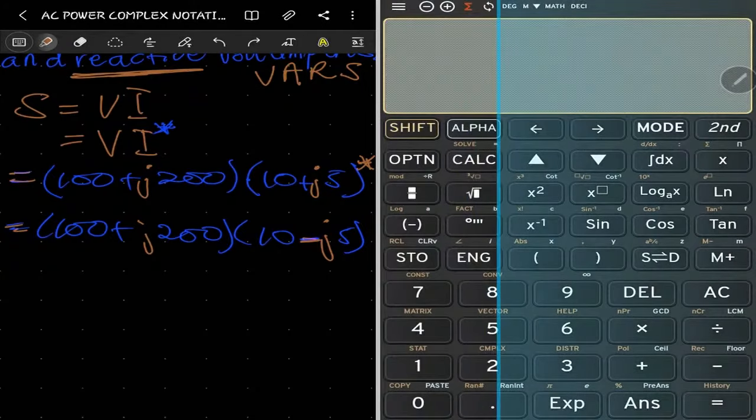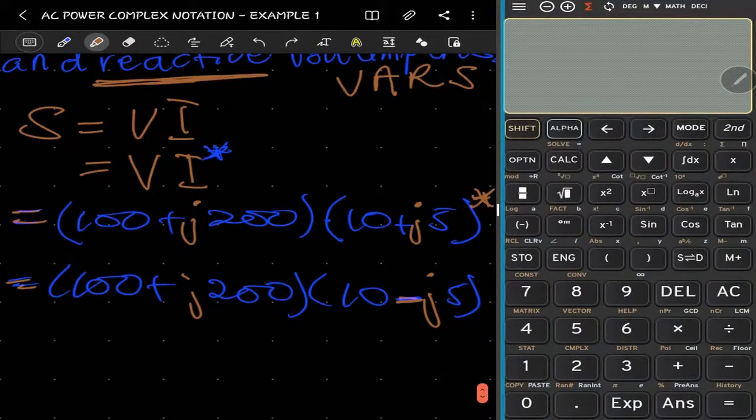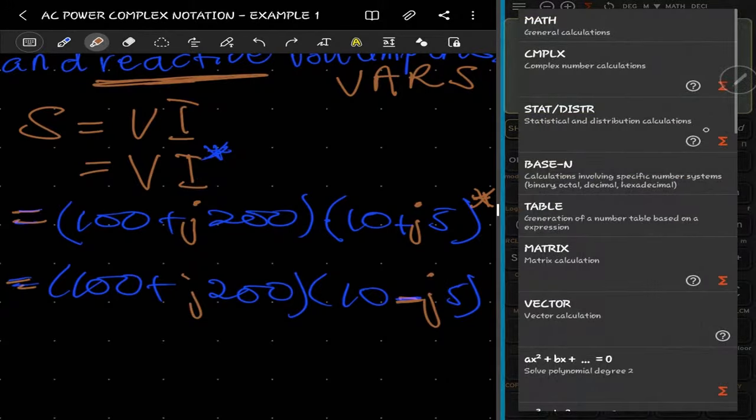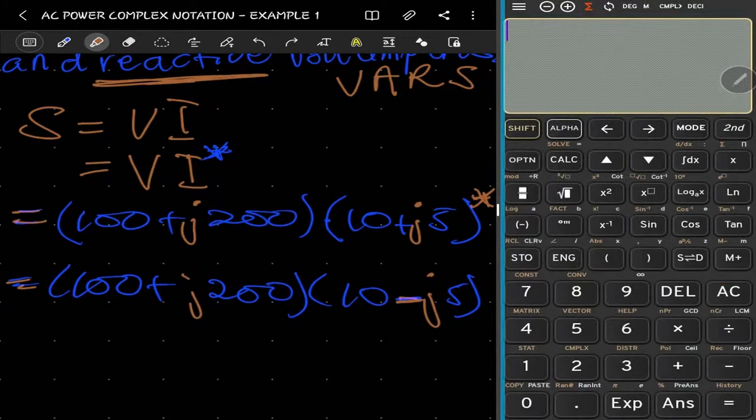So now how do we change to complex mode? If it's the normal calculator, just go to mode, you see your options, and you choose complex. This is a bit different interface, but still the same. And now that I have that, I'm multiplying through brackets. For me, I'll just do it to make my work easier.